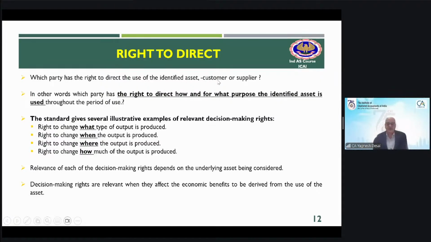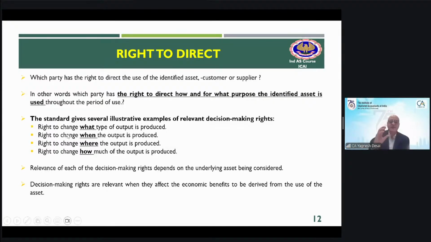If it is the customer, that means the lessee, then we call the asset identified or specified. In other words, which party has the right to direct how and for what purpose the identified asset is used throughout the years. Right to change what type of production in case of machinery, when the output is produced, where the output is produced, how much.